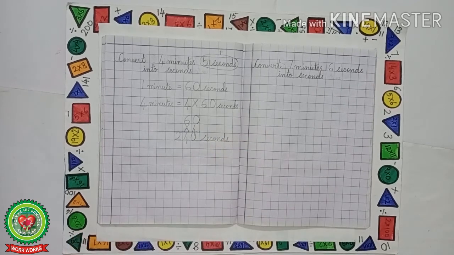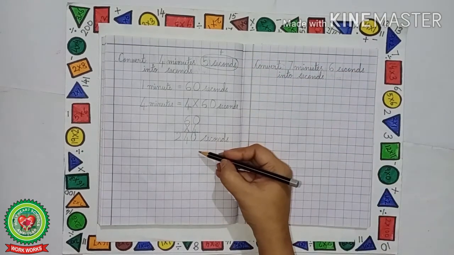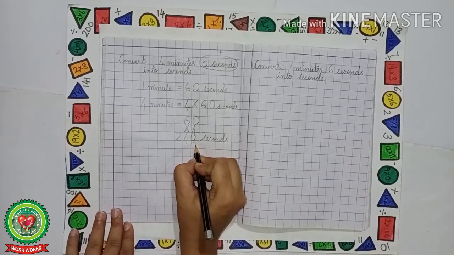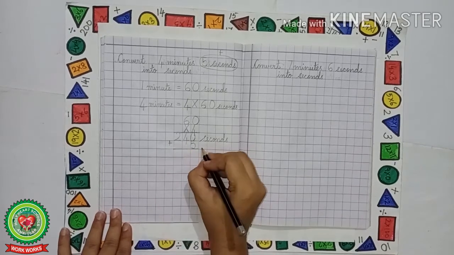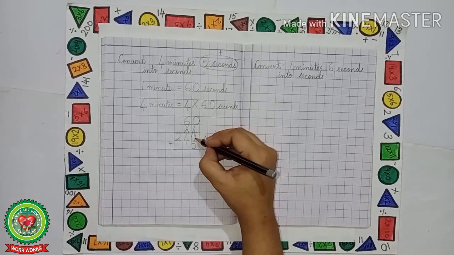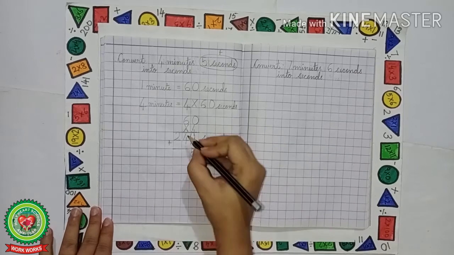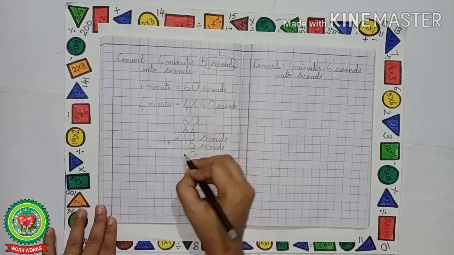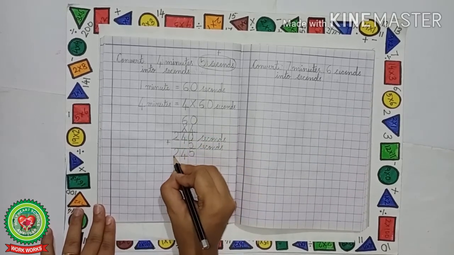Now kids, what is left? This 5 seconds is left. So we will add this 5 seconds in 240 seconds. So let us write 5 over here and let us put a plus sign. Now 0 plus 5 is how much? That is 5 itself. Now 4 plus nothing is there, that means 4. So 4 plus 0 is 4 and 2 plus 0 is 2.